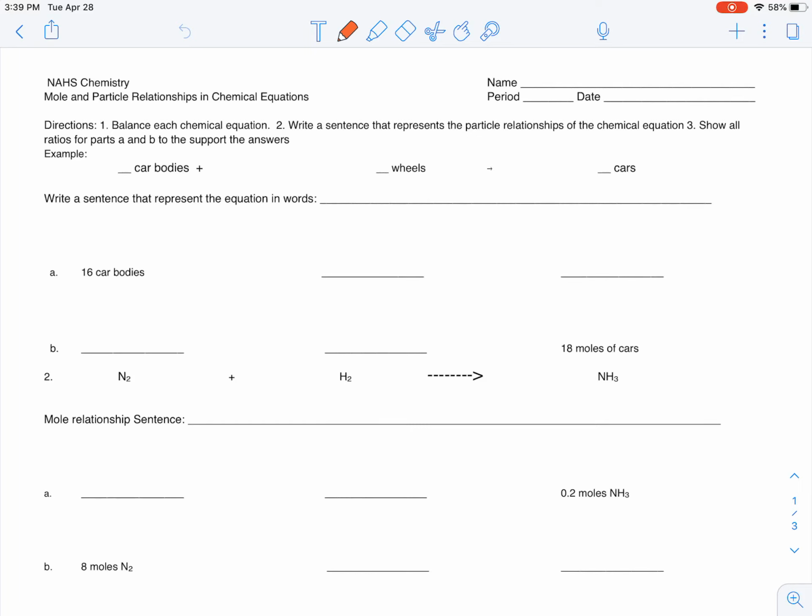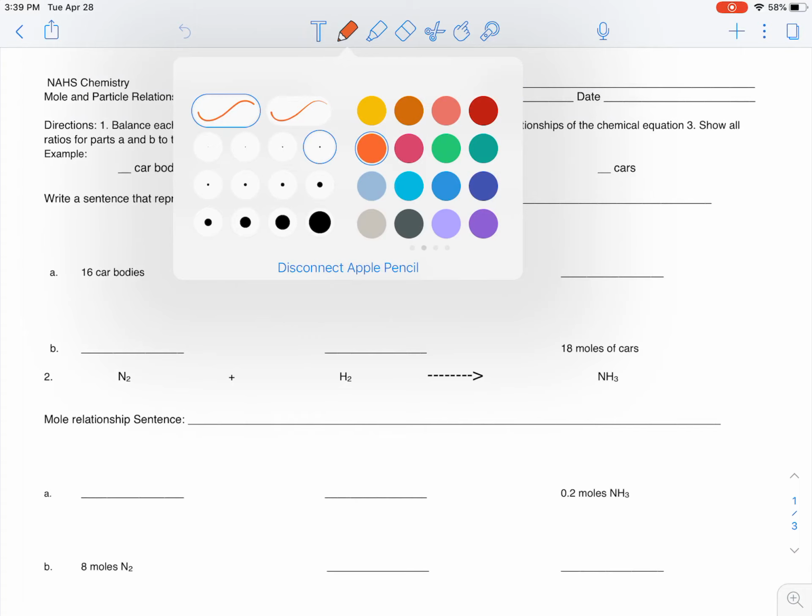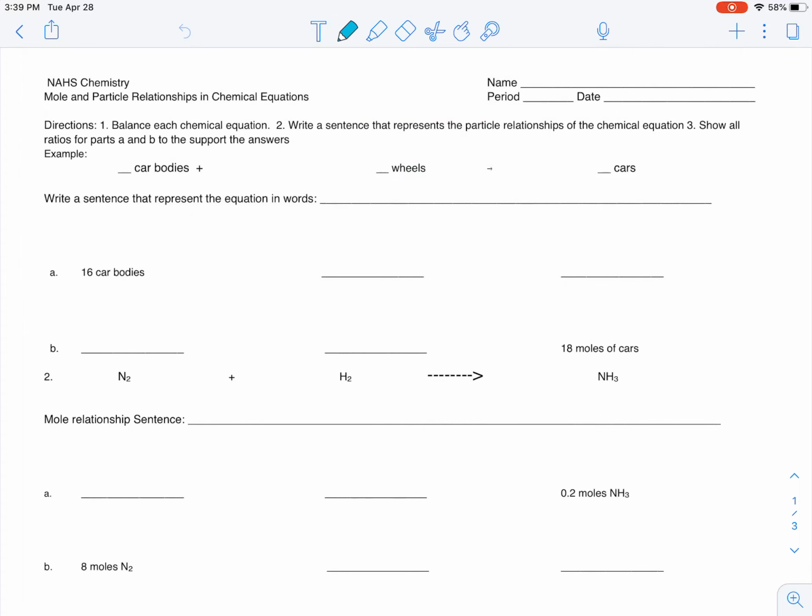So in this relationship, we're going to first go ahead and balance our chemical equation. So for every one car body or frame, we need 4 wheels, obviously, to yield 1 car.